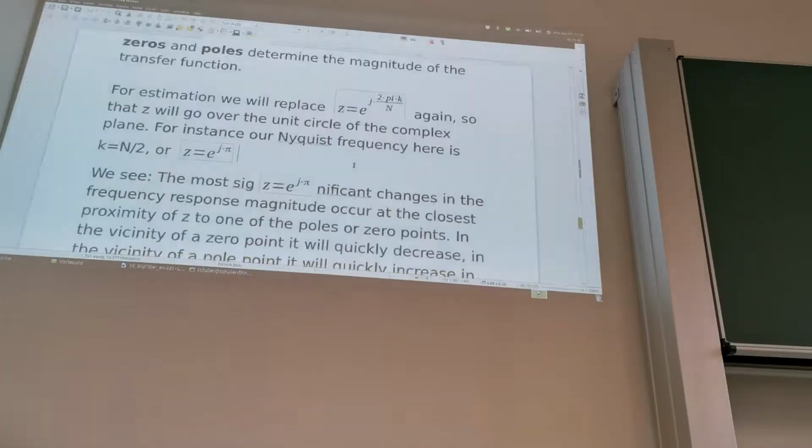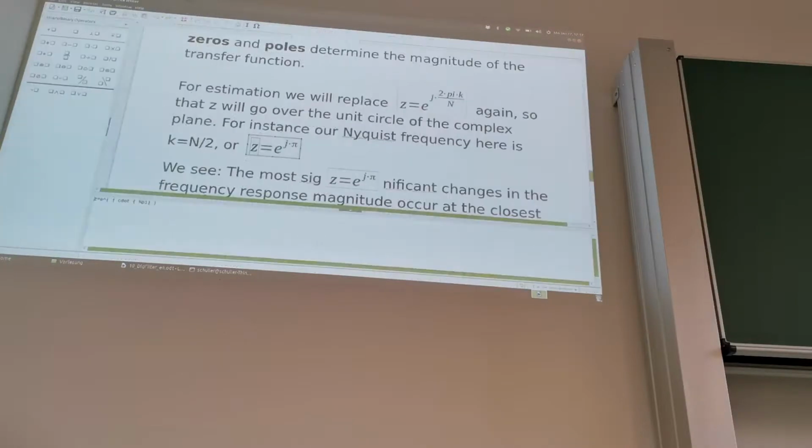You can also make it a real pi. Right? And this is minus 1.